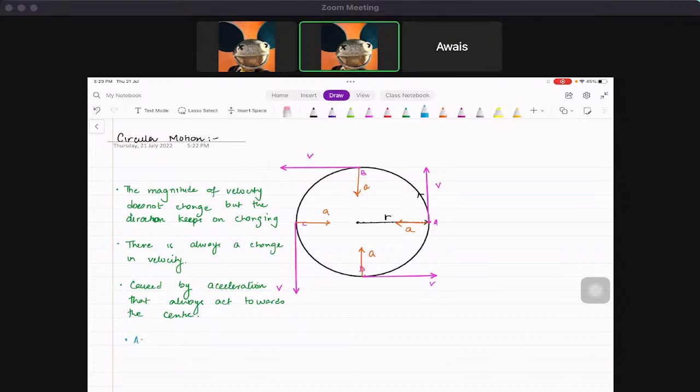Okay. Now, according to Newton's second law, because it has told us about F equals ma, hence the resultant force always acts in the same direction as the acceleration.